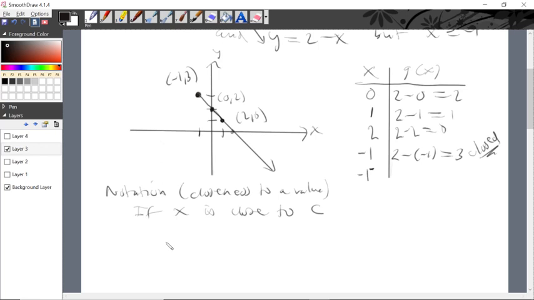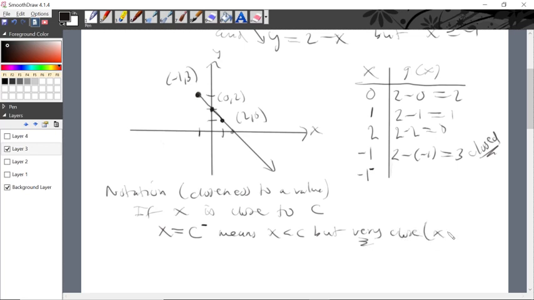If we say that x is equal to c with a little minus, it means x is just a little bit less than c. x is less than c, but very close.